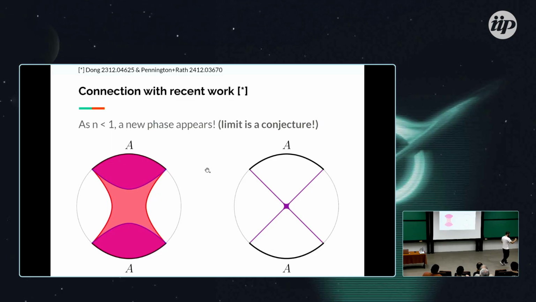He took some hypotheses that I do not quite follow, but what he conjectured in that work, and Pennington also found similar results, is that for a finite n, below some model-dependent finite value of n, the correct saddle is no longer either the connected or the disconnected one, but a phase in which both branes coexist. So it does not have a trivial connected or disconnected nature.